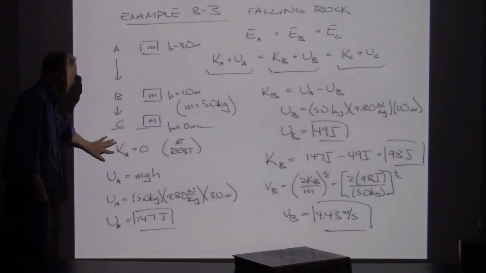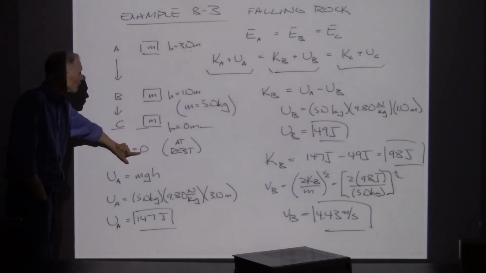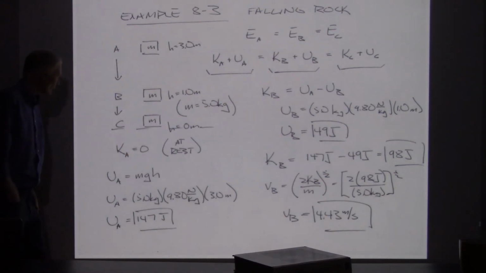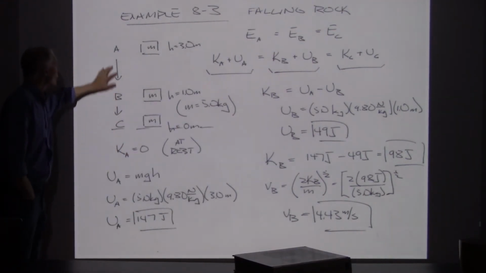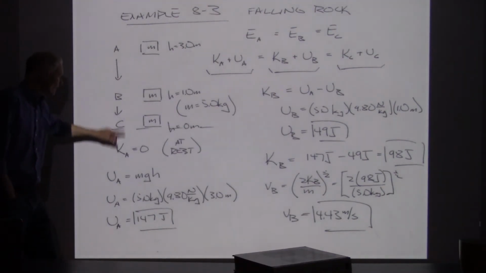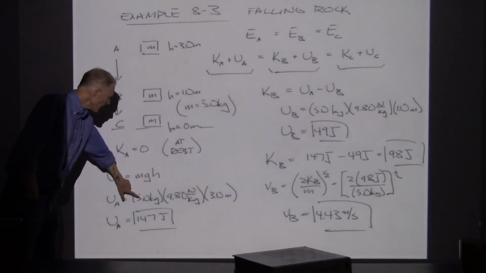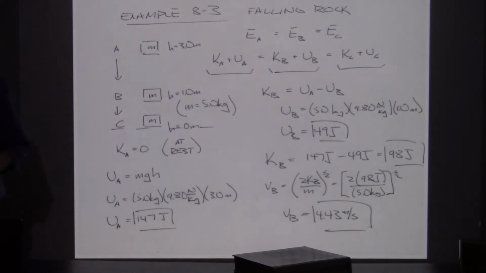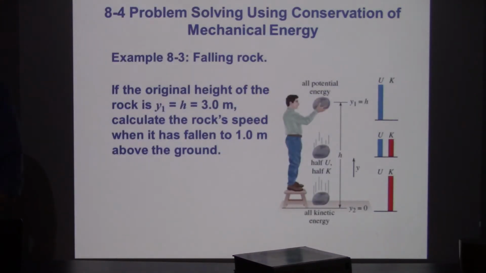So let's try this. At point A, we're going to start off with the rock at rest, and that says it has no kinetic energy. But at point A, we have potential energy given by mgh. They said 5 kilograms, but that's got to be more than 5 kilograms, unless the thing's hollow.